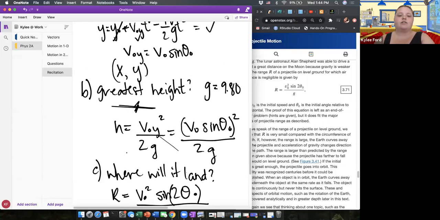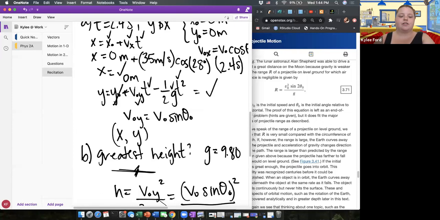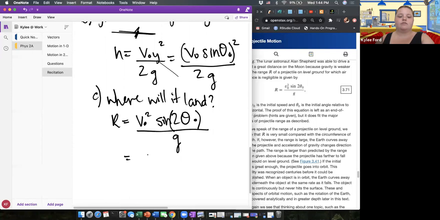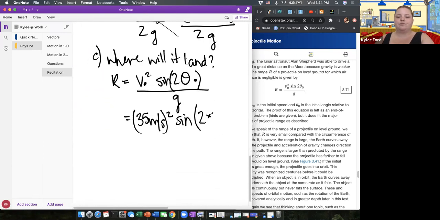So all you do is you plug in your values. My v naught that was given to me is 35 meters per second. So 35 meters per second, squared, times sine of 2 times my theta naught, which was 28 degrees.